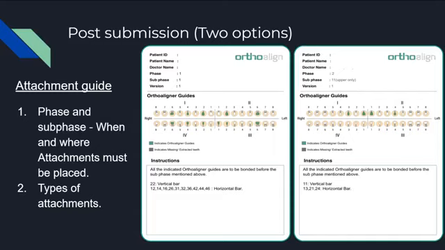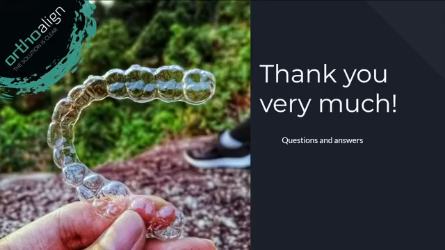However, it's not to say that you can't do it with aligners, it's just that it's going to be a little bit more difficult using the aligner system. So it is important as well that when you submit your case to us, you just let us know. Let us assess your case to see what's the possibility with your case. You let us know what you don't want to do, what you want to do, and we will make sure that we plan accordingly.